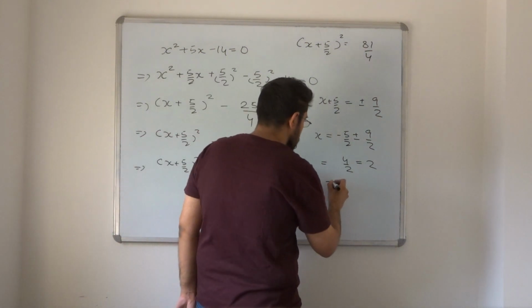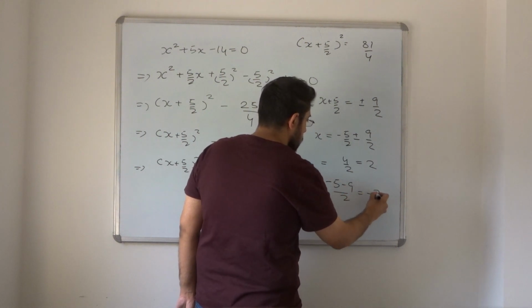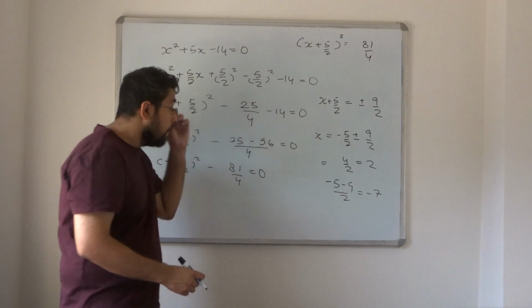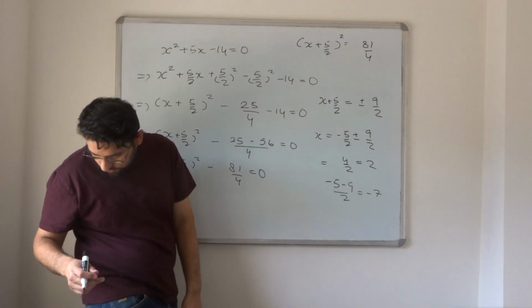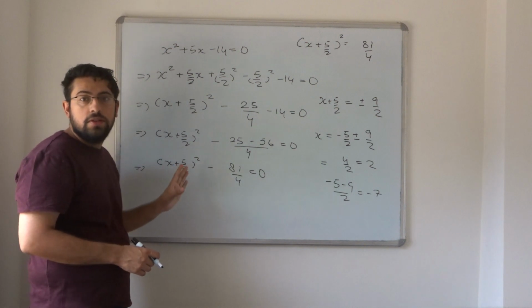Okay, the next value is negative 5 minus 9 on 2. So that gives you negative 7. Okay. So now guys, this problem has been solved as well.